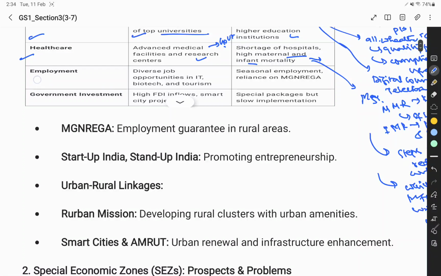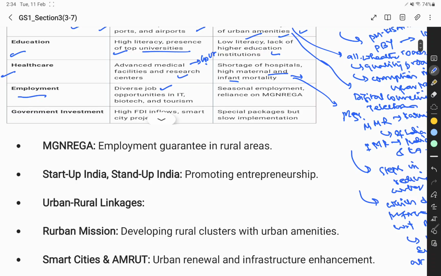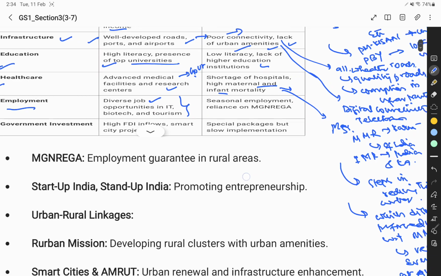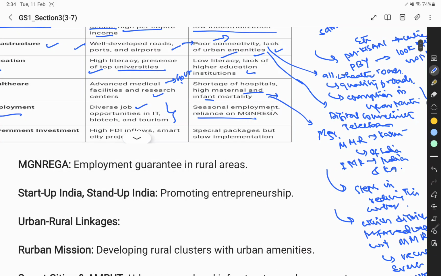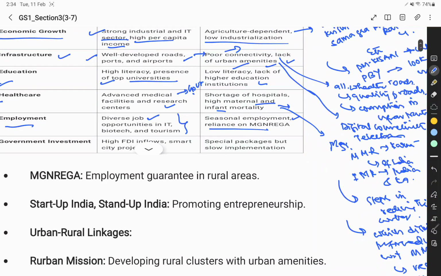Then employment: developed regions have diverse job opportunities in IT, biotech and tourism. Almost all the secondary and tertiary jobs are in the cities, while seasonal unemployment crushes the income capacities of the poor in the backward regions.